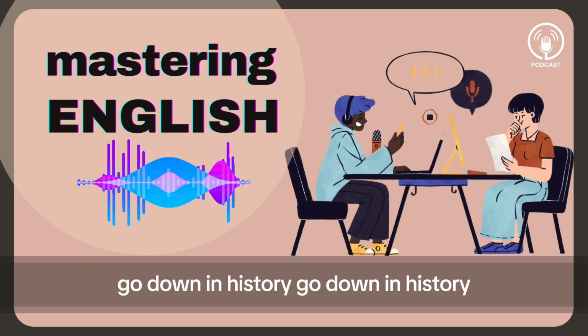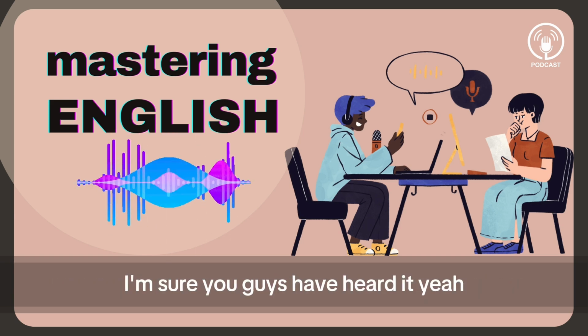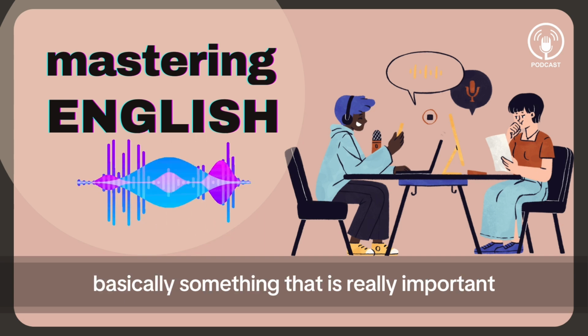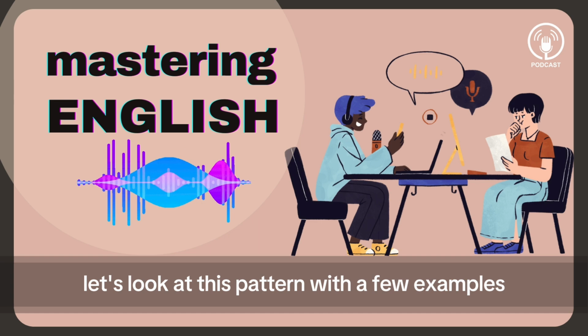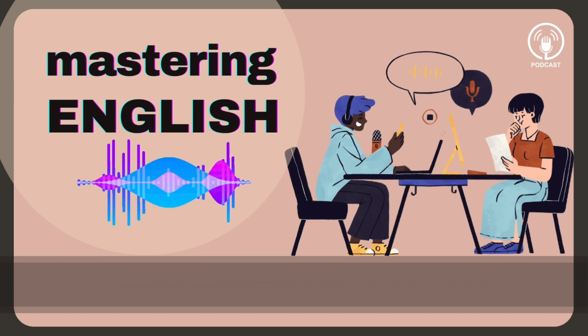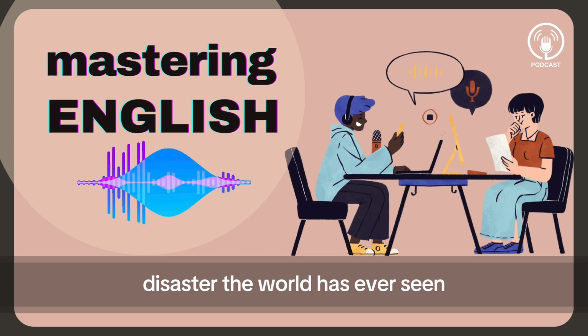Go down in history. So this is a really common phrase. I'm sure you guys have heard it. Yeah, basically something that is really important that everyone will remember for a very long time. Let's look at this pattern with a few examples. Example 1. This is going to go down in history as the worst disaster the world has ever seen.